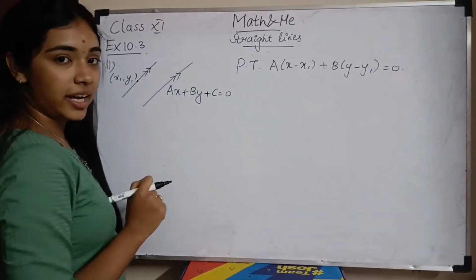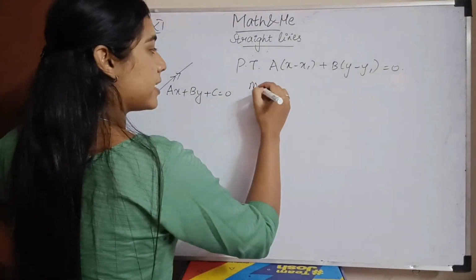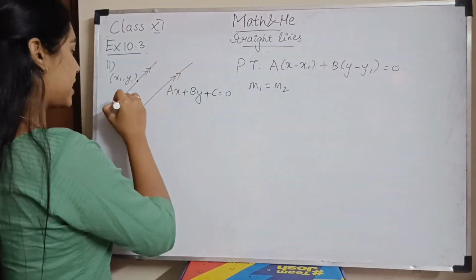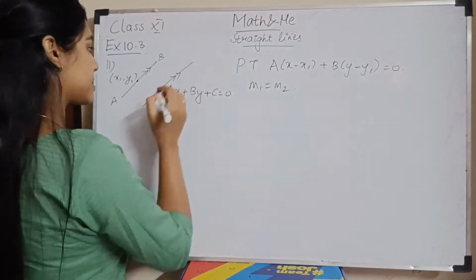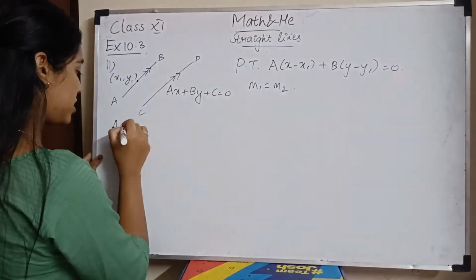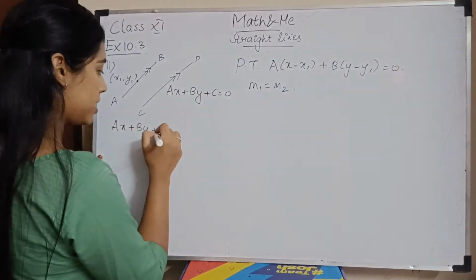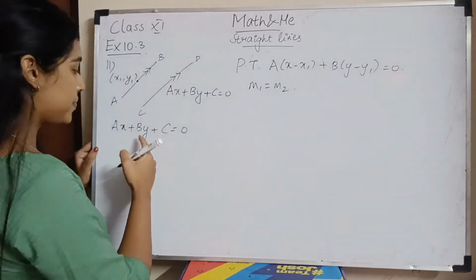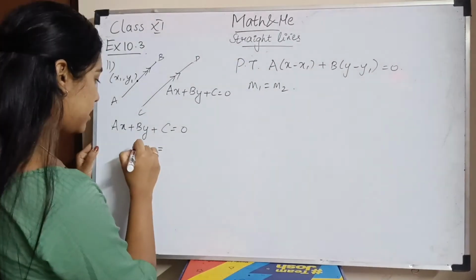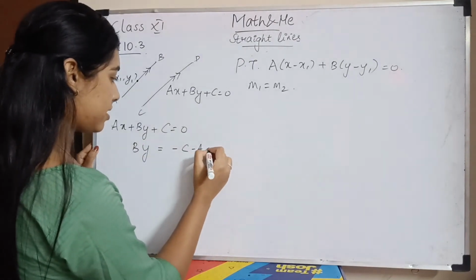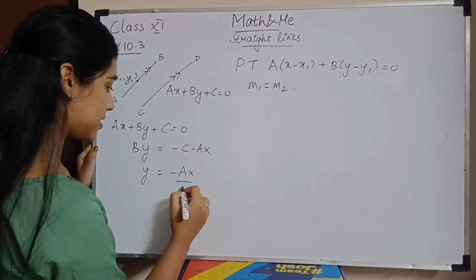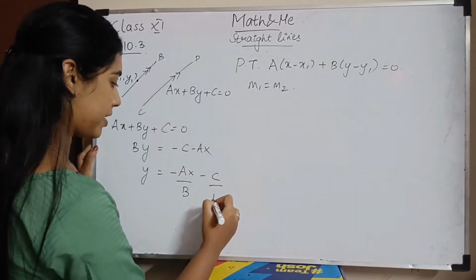So they want us to prove this. When you have parallel lines, you know that their slopes are equal. Correct? Assume this is line AB and this is line CD. When you take the equation ax plus by plus c equals 0, I'm going to isolate y on one side. So by equals minus c minus ax, y equals minus ax divided by b minus c divided by b.